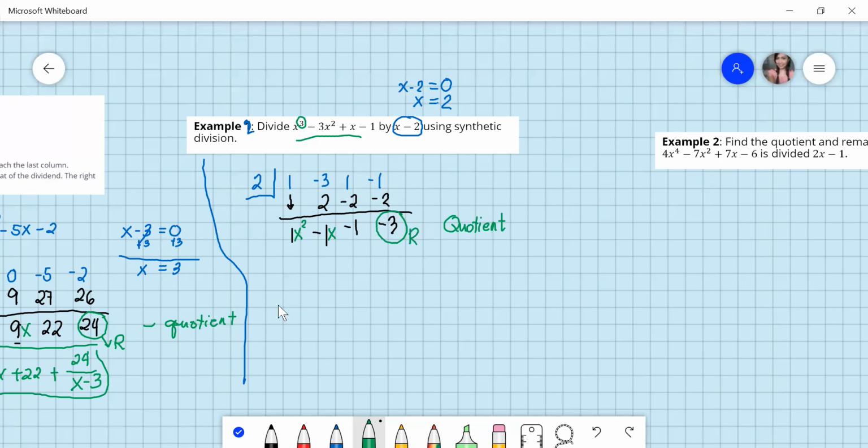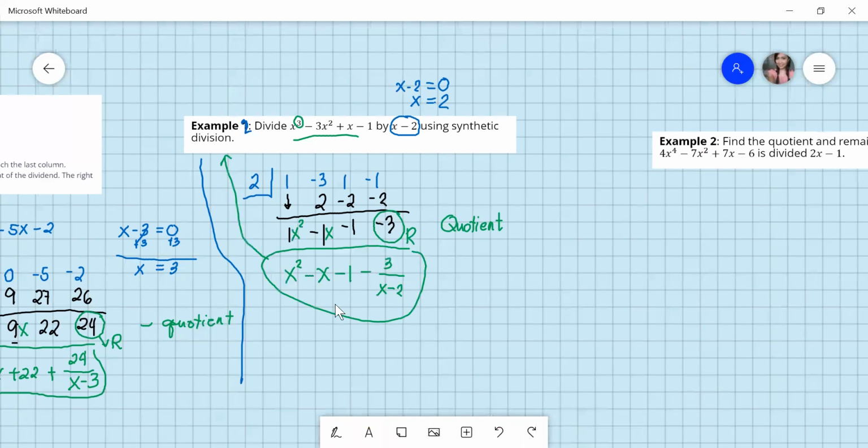Now let's get the expression: x squared, x, and the constant. This is now the quotient, with the remainder over our divisor x minus 2, the answer to example number 2.